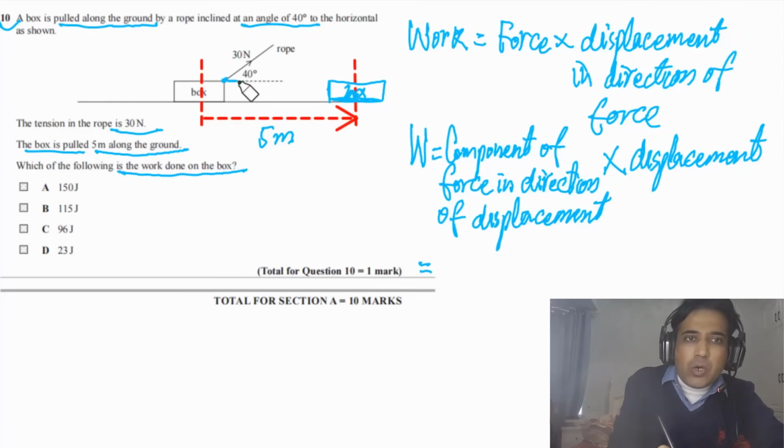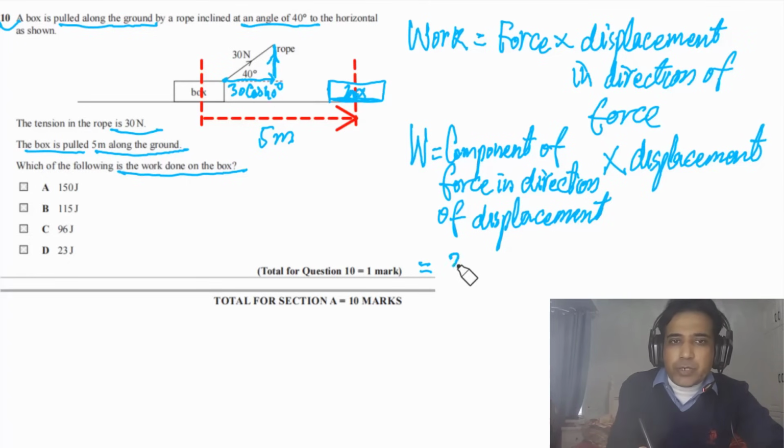In this case, force has two components. One is the horizontal component, and this component is in direction of displacement, so we have to take this component. But this force also has a vertical component. So which component is in direction of displacement? This component, and this component is 30 cosine of 40 degrees.